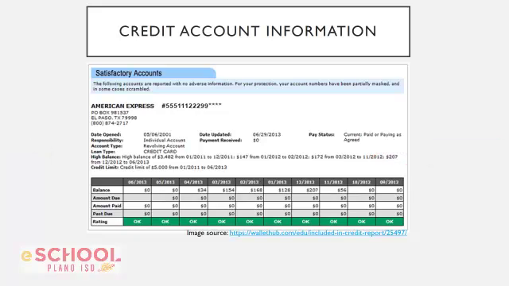The credit account information. This is the credit history portion of a TransUnion credit report. This is what it would look like. Your credit report contains information for each account that you've opened with a credit card company or a bank or a creditor in the last few years.